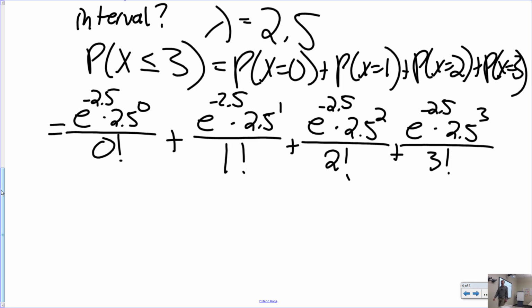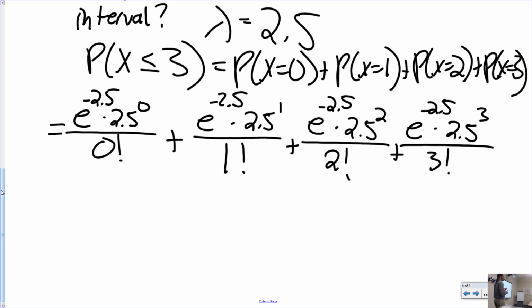So it's a little hairy, but it's not impossible. It's not the worst thing in the world to have to do. It'd be nice if that e to the negative 2.5 was a little bit nicer. And remember that 0 factorial and 1 factorial are both 1, so those are very easy numbers to calculate.